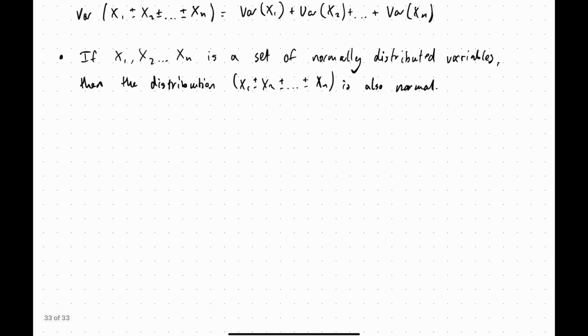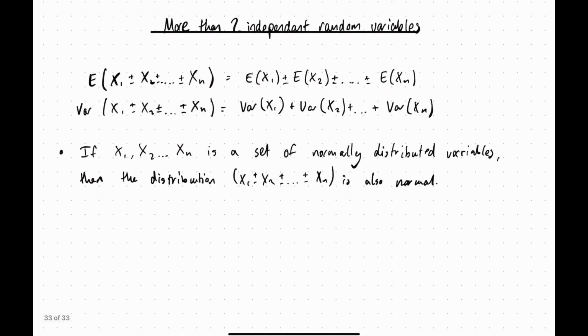10 suitcases. Am I multiplying by 10 here? Am I using the rules of today, as in the adding and subtracting things, or is it the rules of our first lesson, where our expectation is going to be times by 10 and our variance is going to be times by 10 squared?